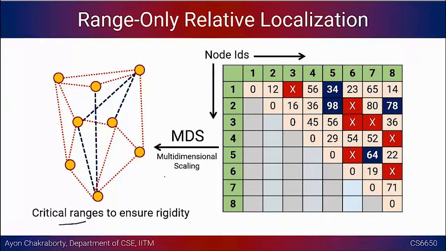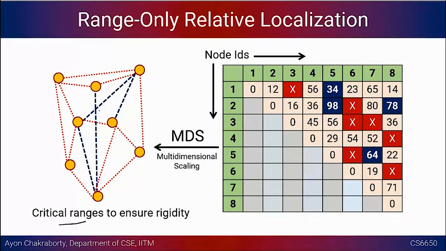It appears that you do not require all the entries in the EDM to calculate a rigid transformation of the graph, only the critical ranges. So one of the problems is to figure out which of those ranges are critical. There are certain ranges which might not actually be required, and still it constructs a unique, rigid graph.